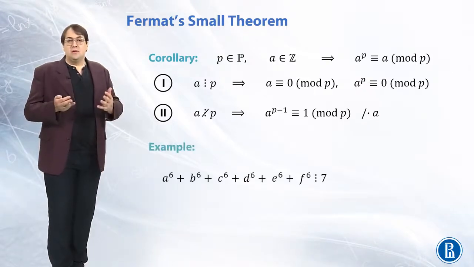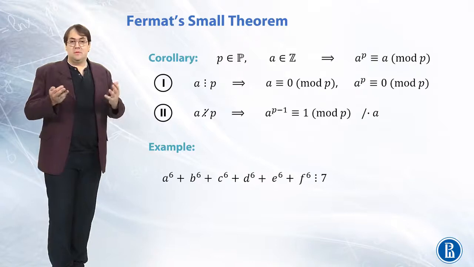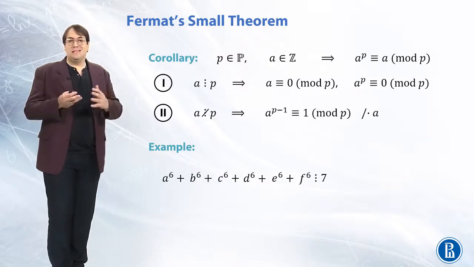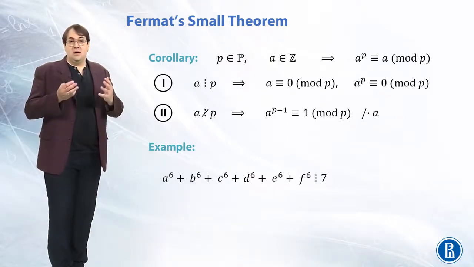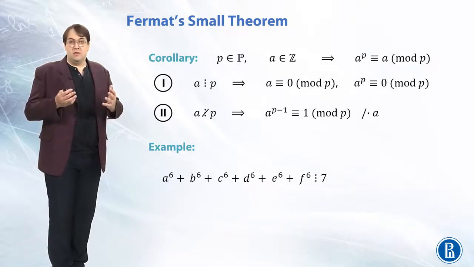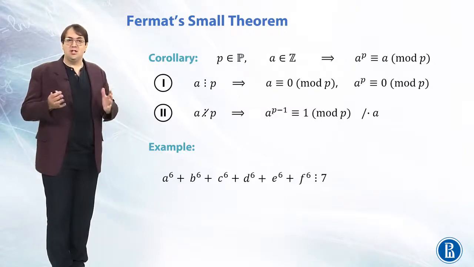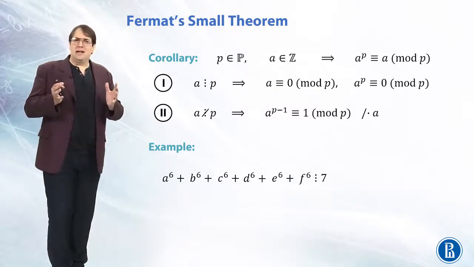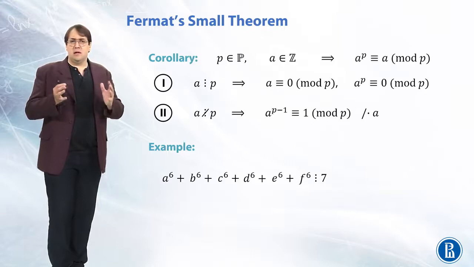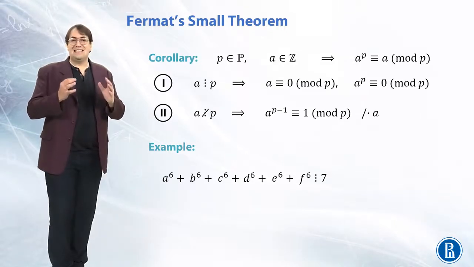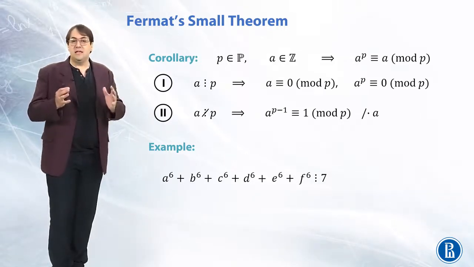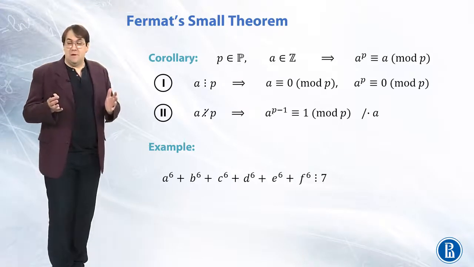Let us now consider an example. Say we have 6 summands, all of them 6th powers of integers a, b, c, d, e, f, and we suddenly find out that the sum of these 6 powers is divisible by 7.